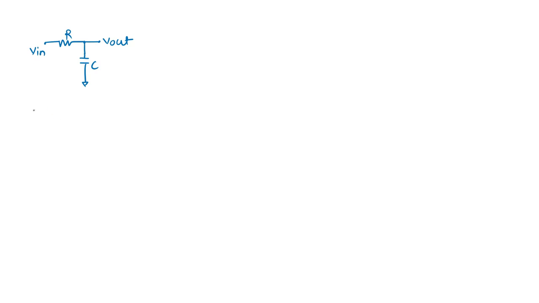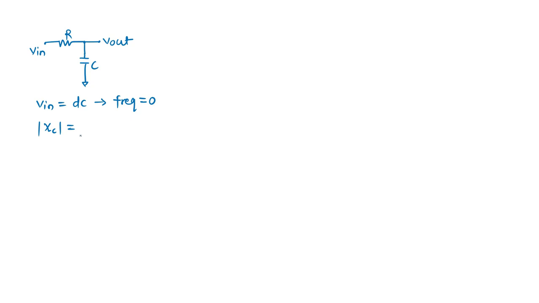So if my input is DC, what I mean to say is my frequency is 0. Then what can we say about the capacitor reactance? We want to see the reactive representation of the circuit, meaning what impedance the capacitor will offer.